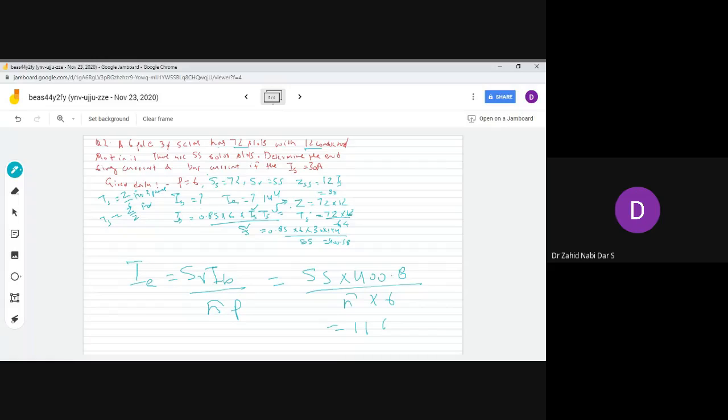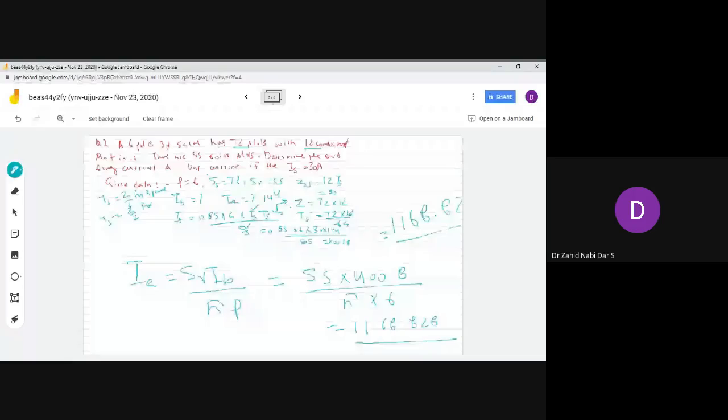Okay, you are getting this answer? Questions like this you should be doing within fractions of seconds. You should not take time for doing this.